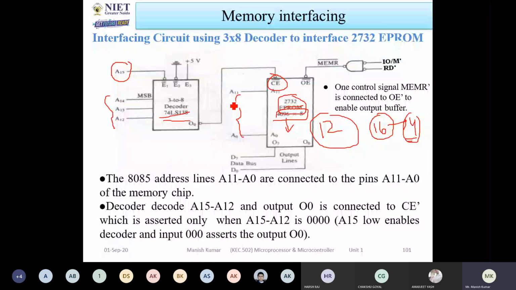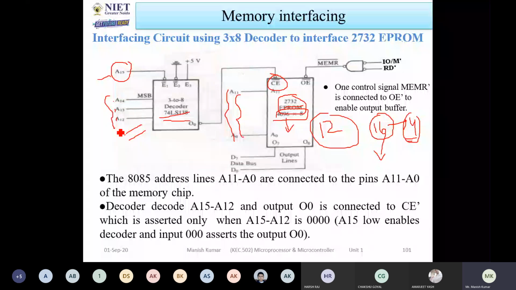In this way you consume all 16 pins so that you can directly interface the memory chips to the processor. A0 to A11 are directly connected with the processor, and A12, A13, A14, A15 are also connected to the processor. In this way you can find the address range and connect it.